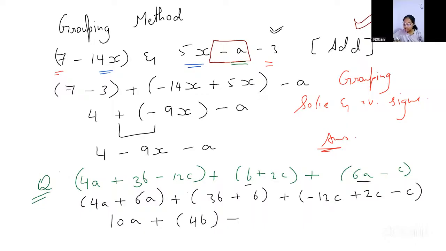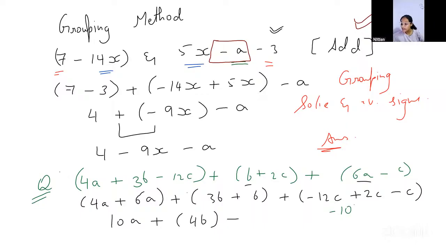Now take a look at the signs. Plus minus is there, then minus plus is there. So first what we can do is, like I told you, do the inside thing first. Minus 12C plus 2C, minus 10C.